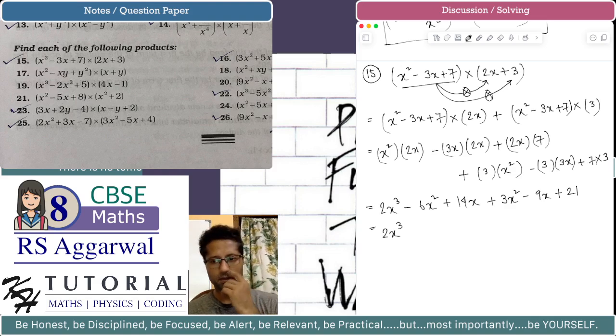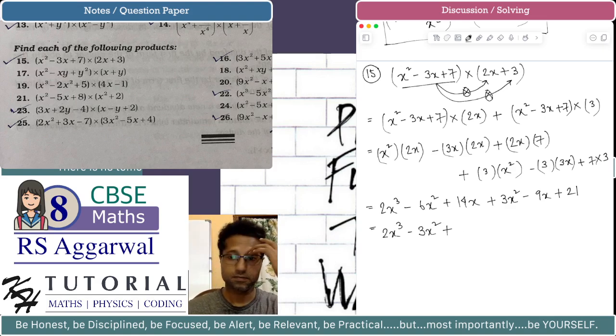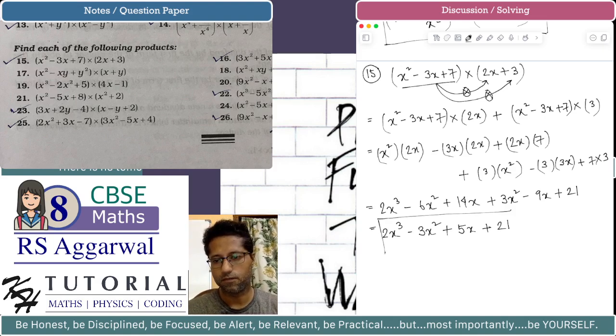Minus 6x square plus 3x square is minus 3x square. 14x minus 9x is equal to plus 5x, and we have plus 21. This is the final result.